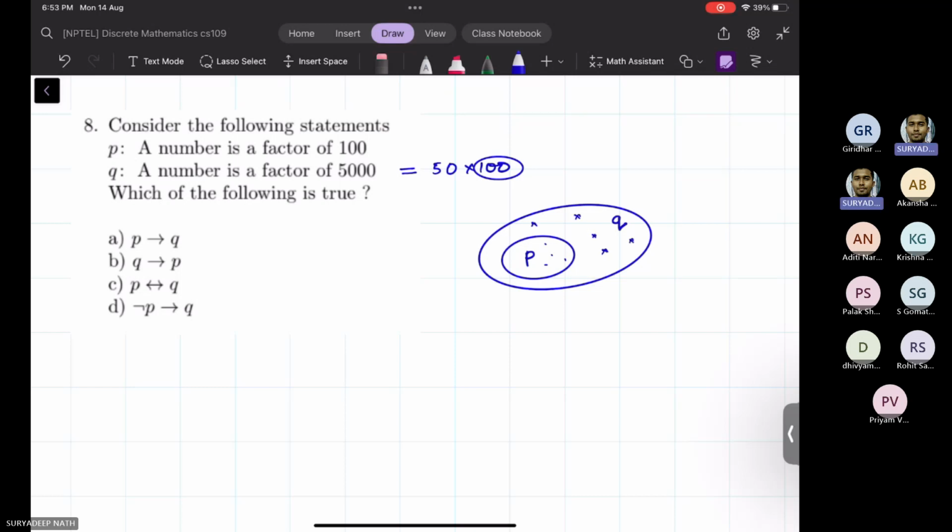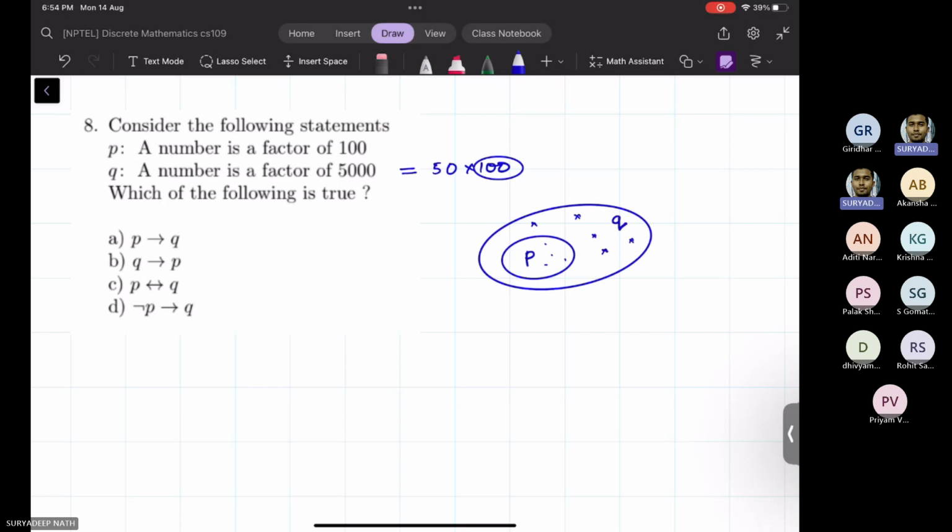So why is it a subset? Because 5,000 can be broken down into 50 times 100, and any factor of 100 is already present in this 5,000 expression. But there could be factors of 5,000 which are not factors of 100.